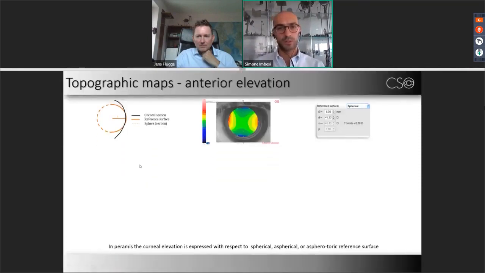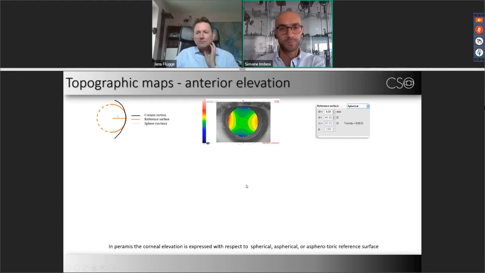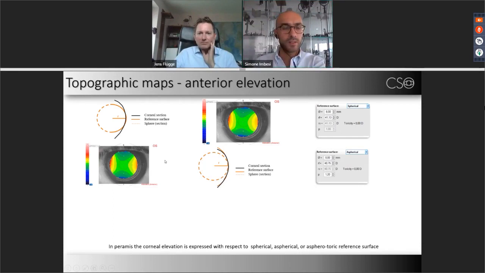So now I would like to show you some examples of an astigmatic cornea represented with the three different reference surfaces. The first is the spherical one, which can be defined just with a radius of curvature. The other one is the aspheric one, which can be defined with a radius of curvature and a coefficient of eccentricity.